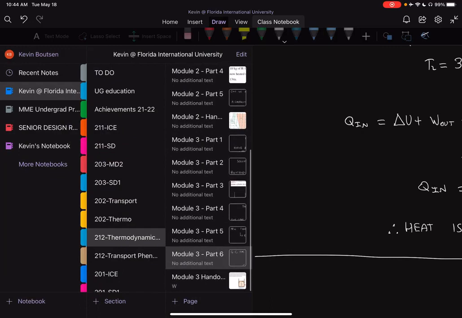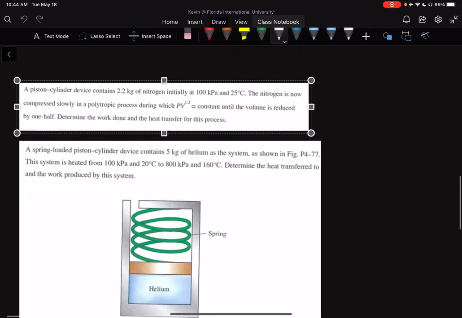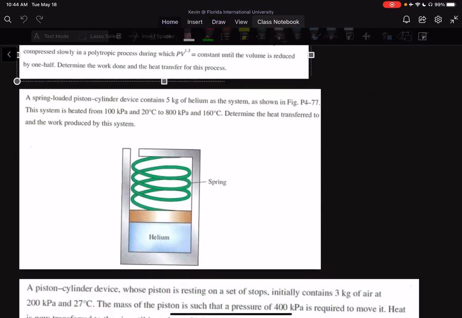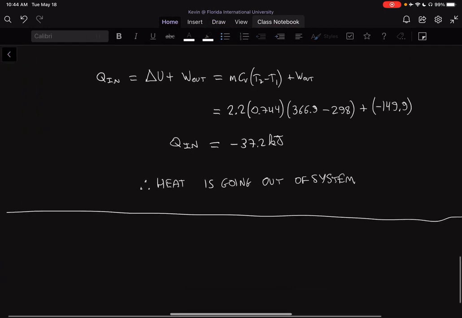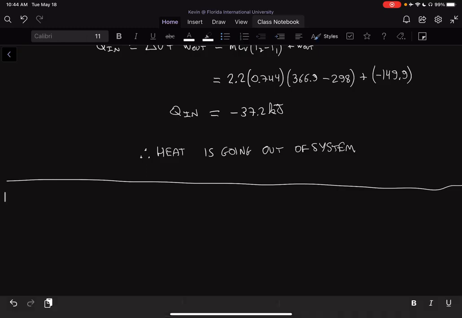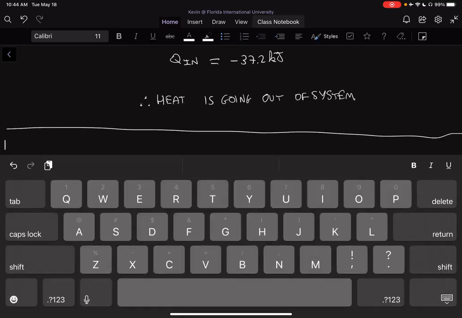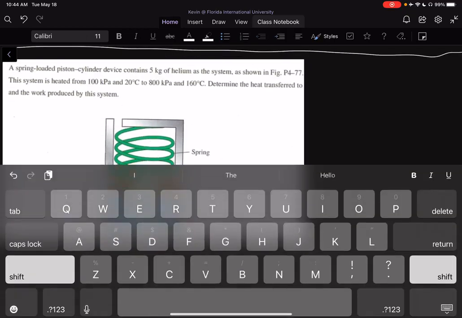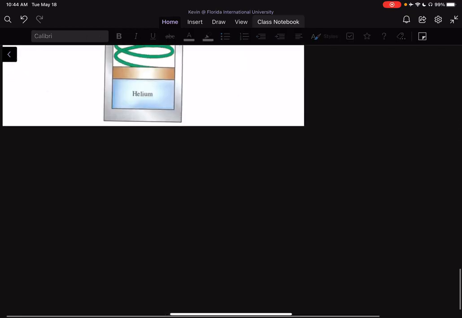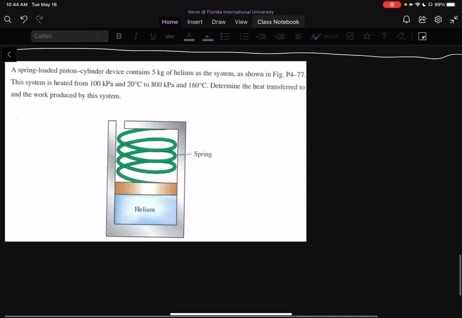Now, we're going to look at another example problem. And the next example problem is going to involve a spring. So we're going to be looking at how we can use a spring with, again, an ideal gas system with helium this time.